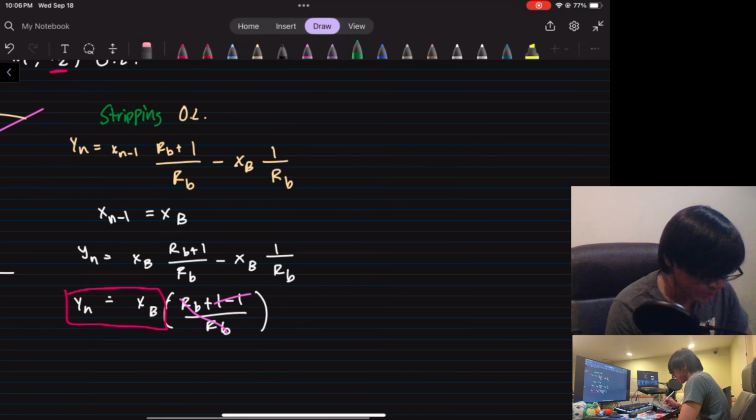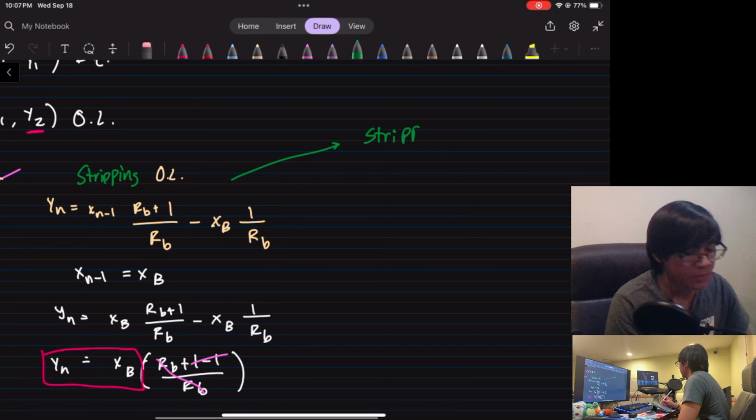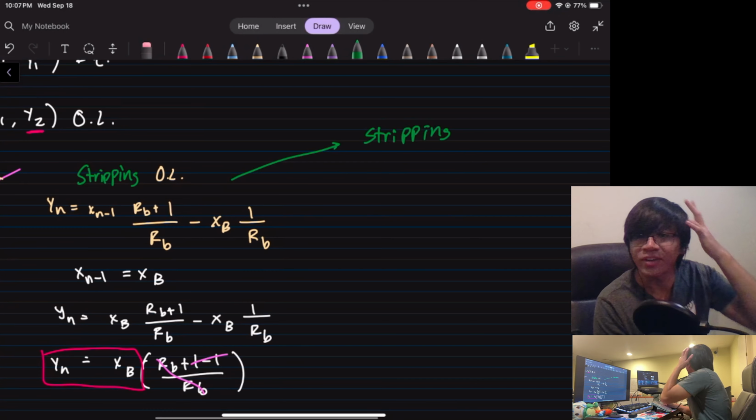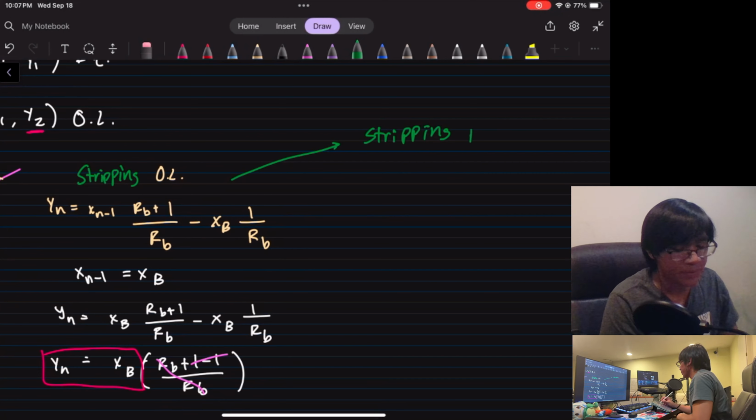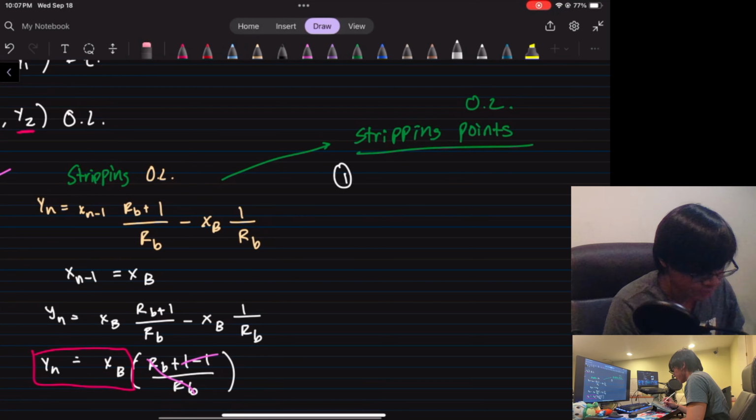So, stripping operating line points. One of our points was already, like I said, x equal to the boil up molar fraction, xB, and y simply the same thing.